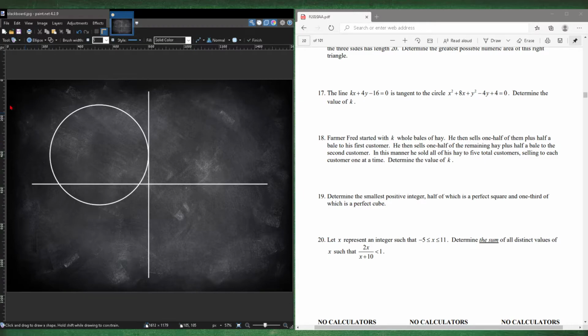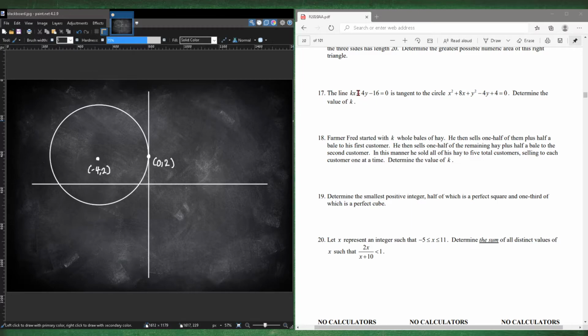Okay, so something like that. And this is 4, and this is (negative 4, 2). Since the radius is 4, that means it touches the y-axis at (0, 2).